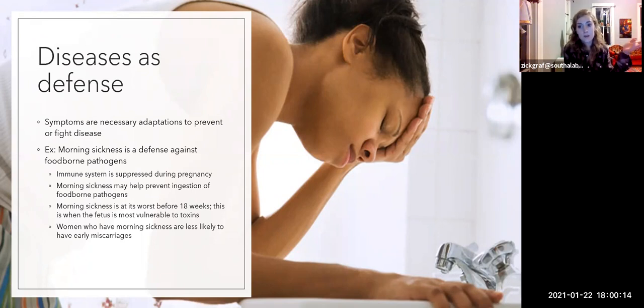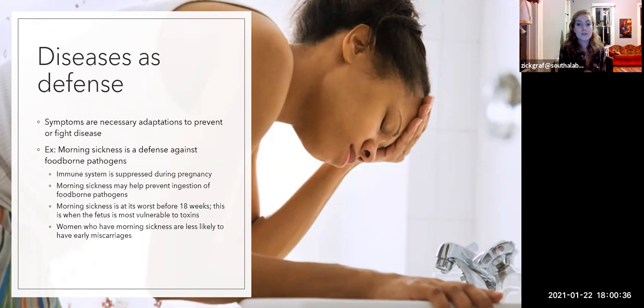And it just so happens that the first 18 weeks of development, when the fetus is most vulnerable to external toxins, is when morning sickness tends to be worse. And we actually have some evidence that morning sickness was selected for because it increases people's reproductive fitness, because women who have morning sickness are less likely to have early miscarriages than women who don't.